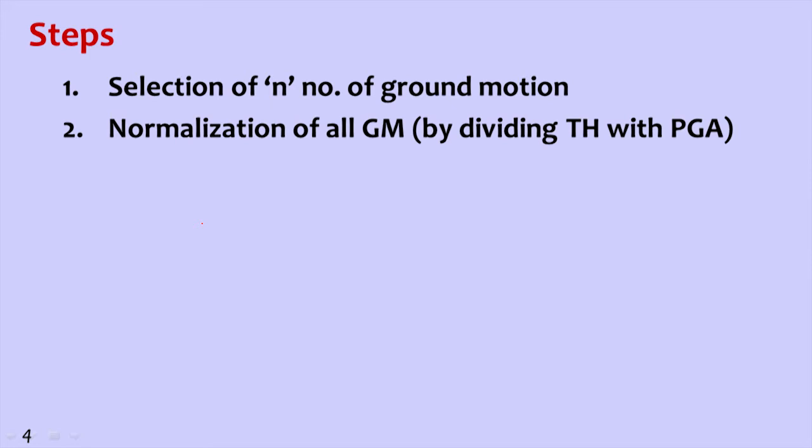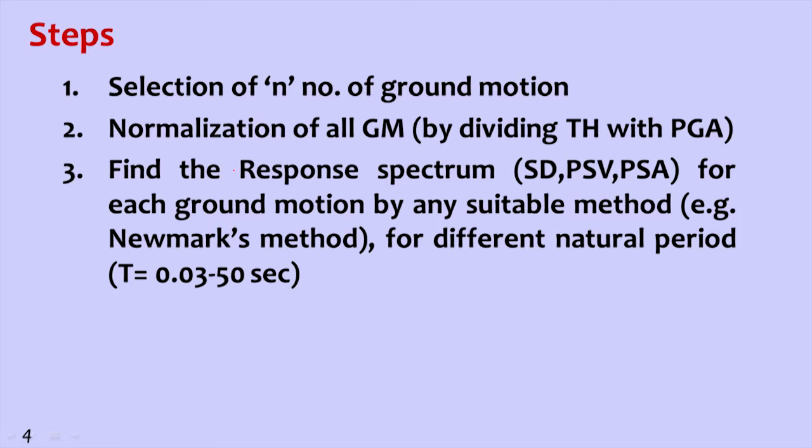That means normalizing the time history for a given PGA. Say normalize it to 1 PGA, or normalize it to 0.5 PGA, that is 0.5 g peak ground acceleration, or 1 g peak ground acceleration. And then later find the response spectrum. The response spectrum values can be spectral displacement, pseudo spectral velocity or pseudo spectral acceleration for each ground motion by any suitable numerical method.